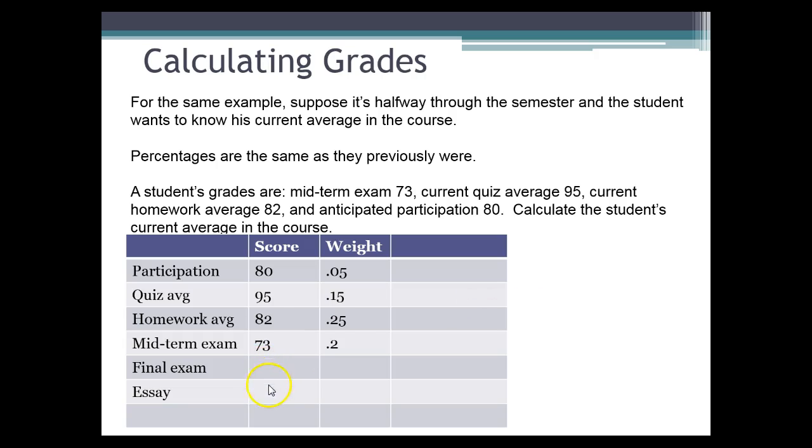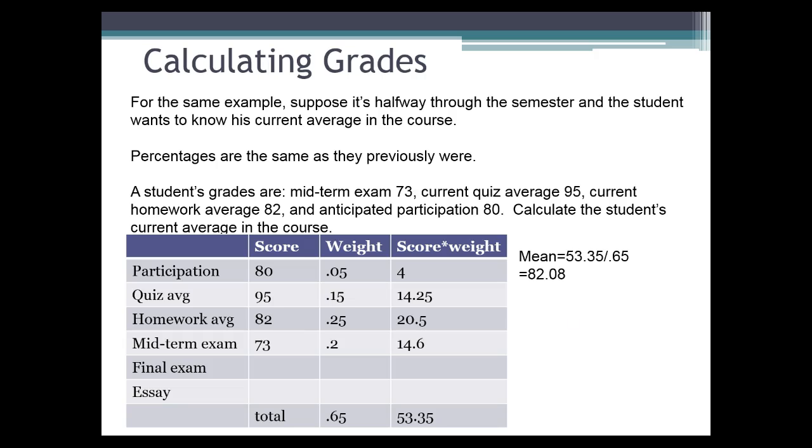Well, we don't know what the final exam is or the essay yet because they haven't done that part yet. But we can just take the mean of what they have so far. So if we do the x times w's, that gives us a total of 53.35. The weights that they've earned so far are 0.65. And so that gives us an average of 82.08.